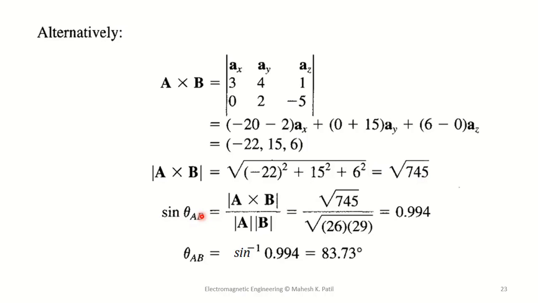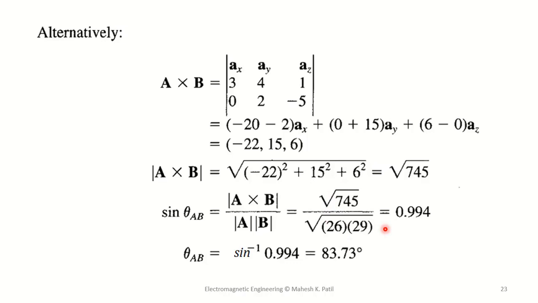Now use the formula of cross product, that is A cross B. So from that you find out the magnitude part only. So A cross B is magnitude of A into magnitude of B into sin theta, where theta is the angle between these two vectors A and B. So from that it can be simplified as sin theta equal to mod of A cross B divided by magnitude of A into magnitude of B, which is equal to square root of 745 divided by square root of 26 into 29.